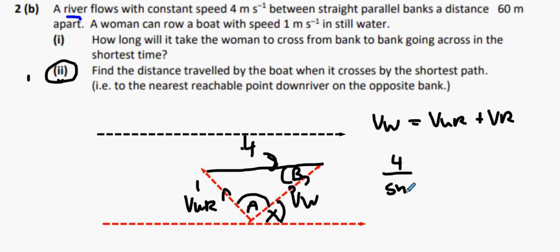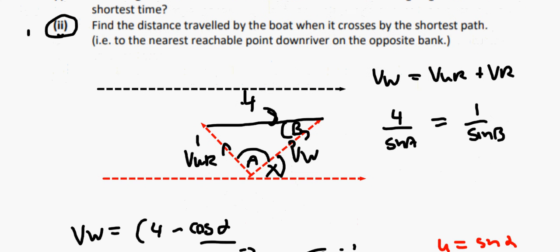4 over sine A equals 1 over... Now, there is a rule to this. You set one of the angles to 90 degrees. But how do you know which one you make into 90 degrees? Well, one of them doesn't work and the other one does. If I set B to 90 degrees, what happens?